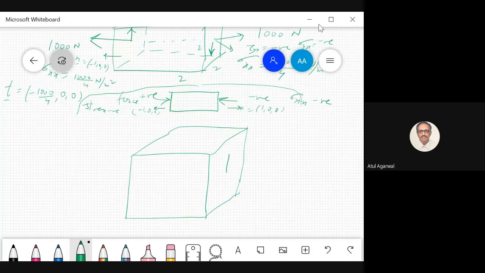So we can show forces here. First, we show a coordinate system. What will I call this stress?